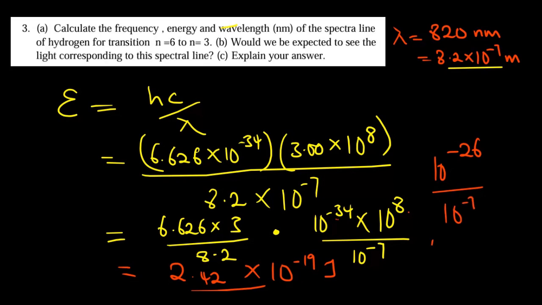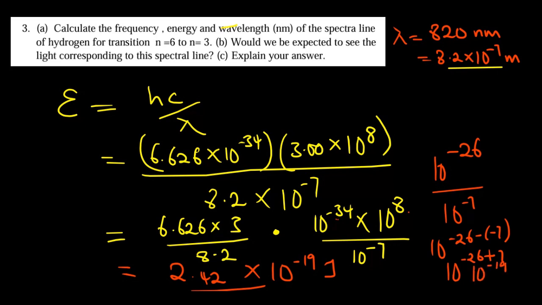From there it will be minus 26 minus 7, which means minus 26 plus 7, I'm getting 10 to the power minus 19.